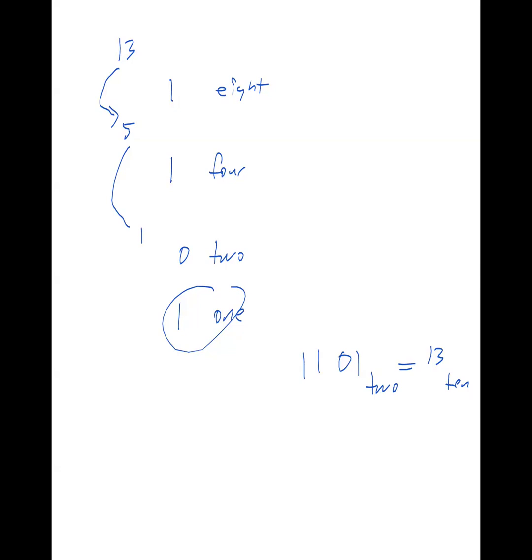If 8 could go into 13 more than once, that would mean it could go into it at least twice, which means that 16 could go into 13, and 16 is actually a bigger power of 2 than 8 is, right? So the biggest power of 2 can never go into a number more than once, or else it would not be the biggest power of 2. So that's why in binary, things can never go into something more than once when you take the biggest power of 2 that can go into them. That's the reason there are only ones and zeros in base 2.